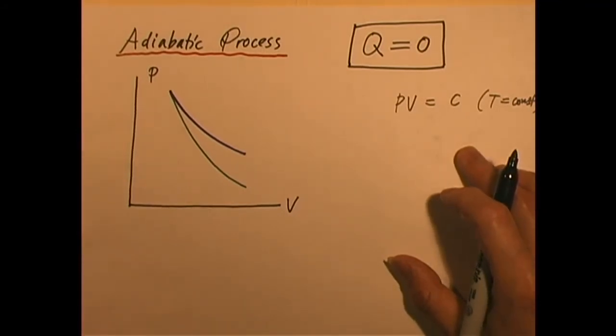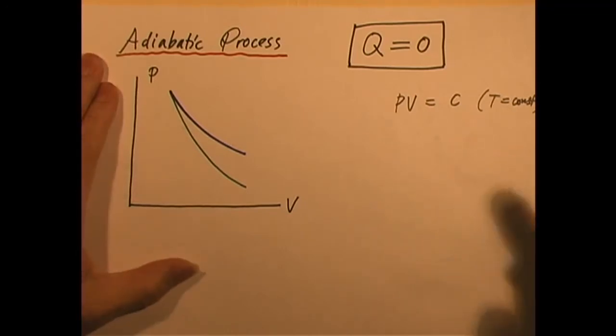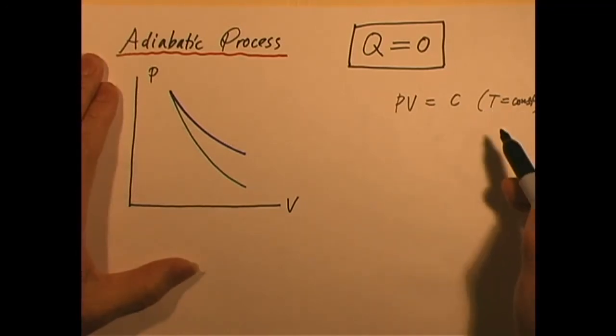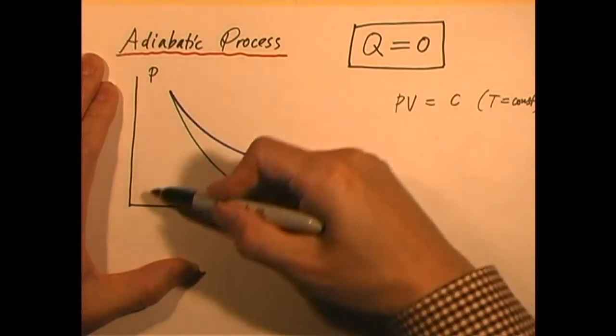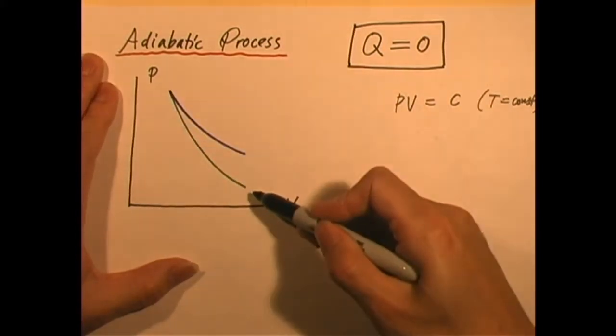So there is nothing that compensates for the work it does. Therefore, its temperature is going to decrease. So its temperature decreases plus volume increases. Therefore, its pressure will have to decrease. So whether it's isothermal or adiabatic, as volume increases, the pressure will have to drop.